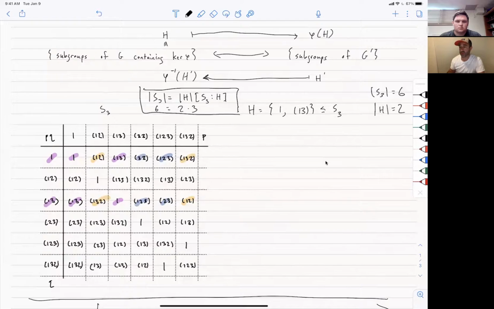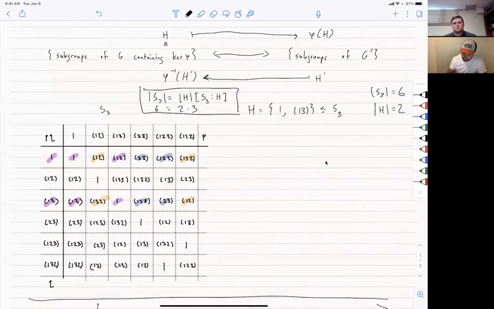So the index has to be 3. And as I said a moment ago, the index is the cardinality of the set of left cosets. And we see we have the 3 colors here. So that's the number of left cosets I have, 3.